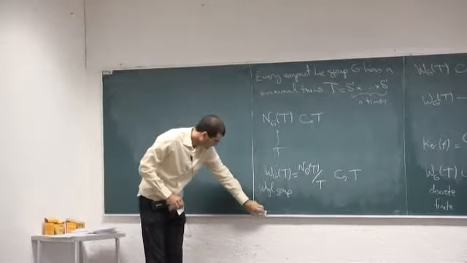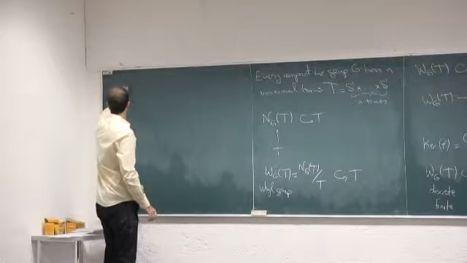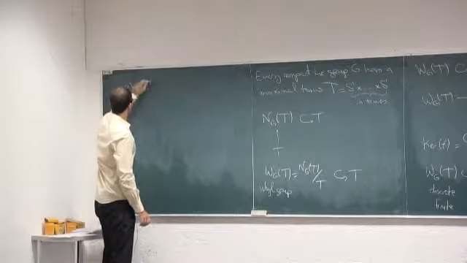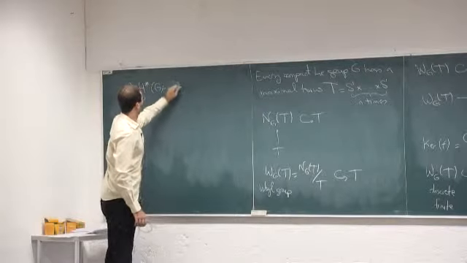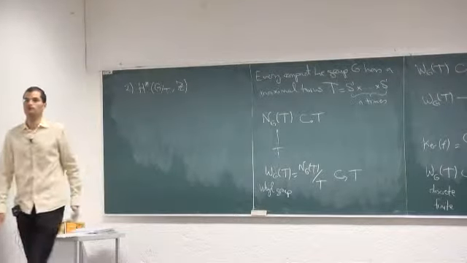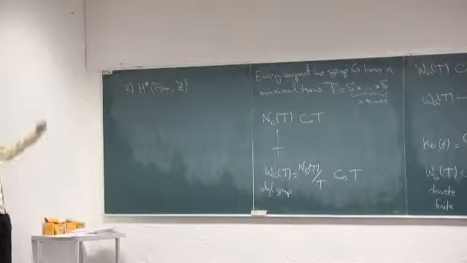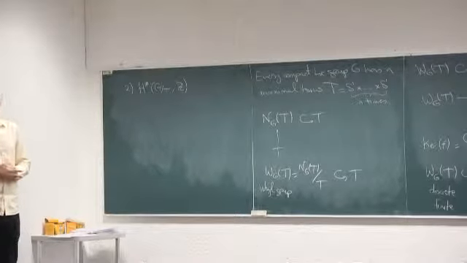Now, the other result that's interesting is when we look at the cohomology with coefficients in C of G over T. So T is the maximal torus, okay? So the homogeneous space.